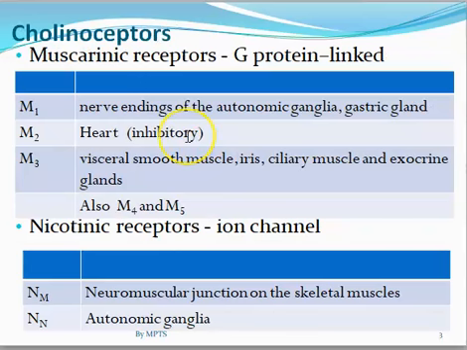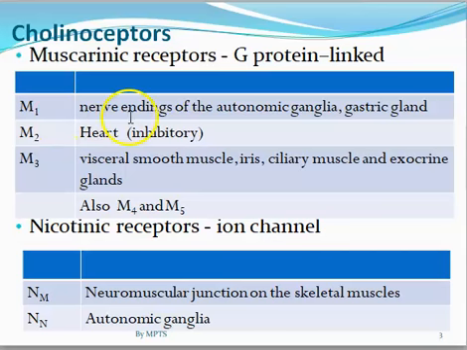Let me talk about the receptors, or the cholinoceptors. Remember, this is a short presentation. Now, of course, we have the muscarinic receptors, which are the G protein linked receptors. By G protein linked, meaning, I'm sure you're aware of this. This is now pharmacodynamics, which is also present in our preceding discussion.